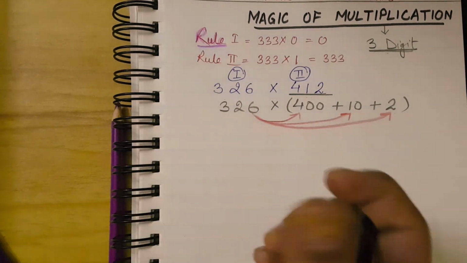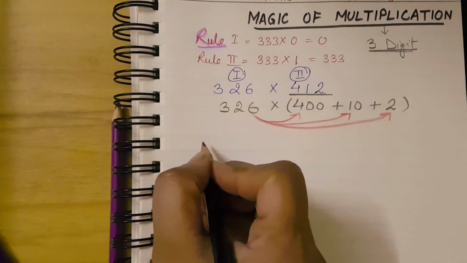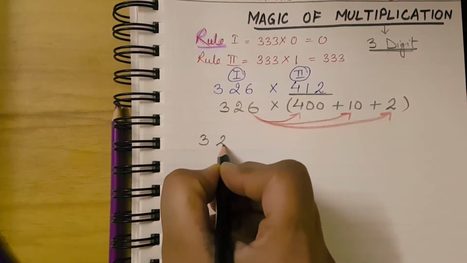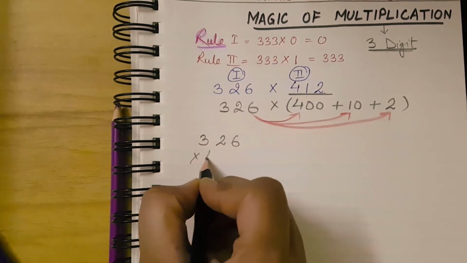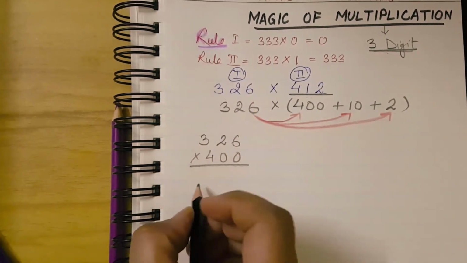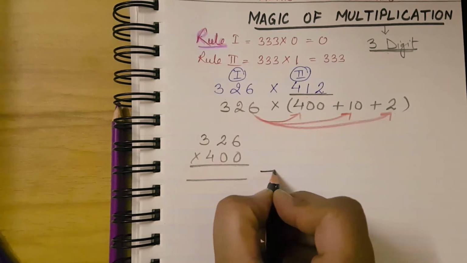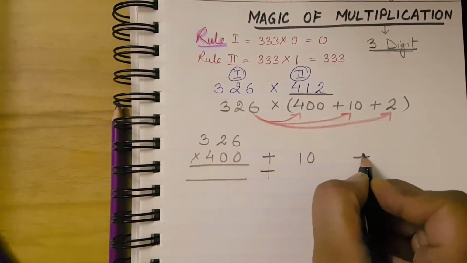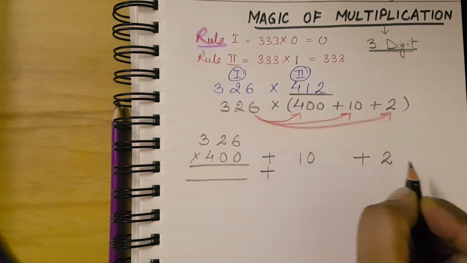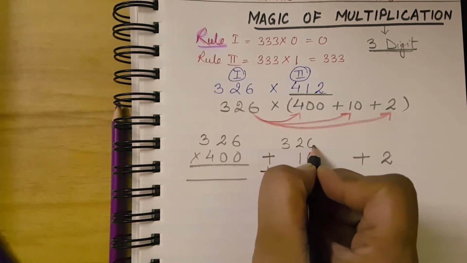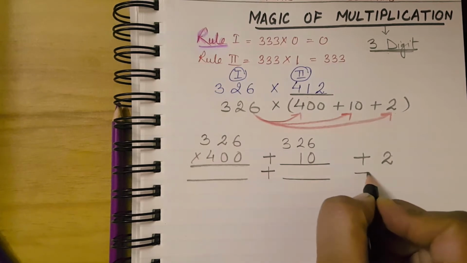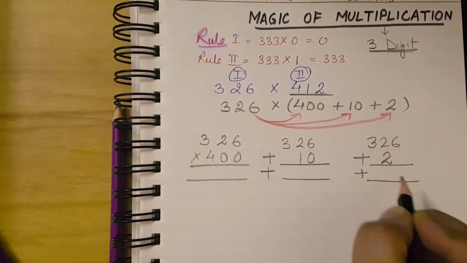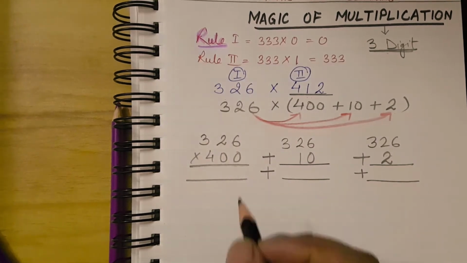So let's take the first number. Vertically I'll just show you: 326 multiplied by 400, plus, the sign should be plus because of the expanded form, 326 multiplied by 10, then again plus 326 multiplied by 2.